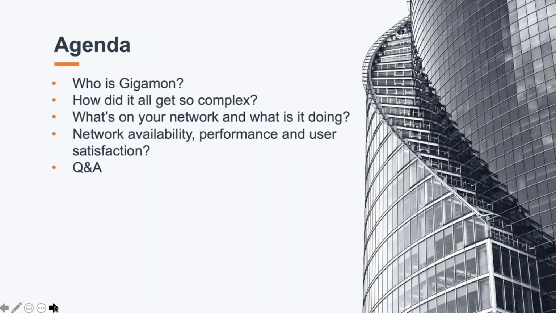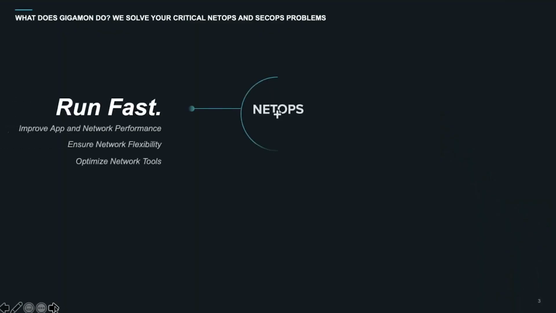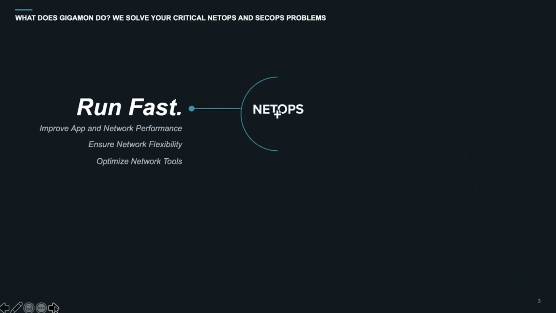Okay, before we get too deep, let's give you a quick overview of Gigamon and what we do. If people know Gigamon at all, they probably know us as a networking company, and that definitely is where we came from. Half of our focus is on enabling our customer organizations to run fast.